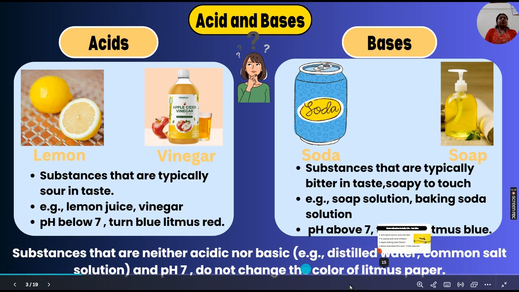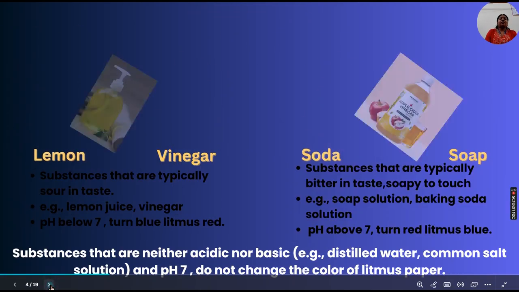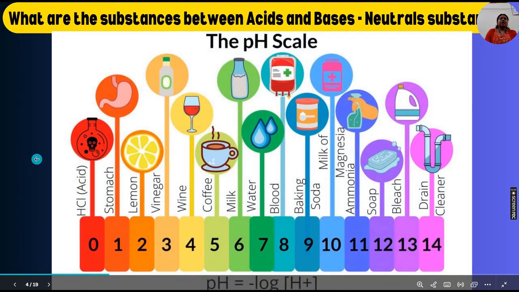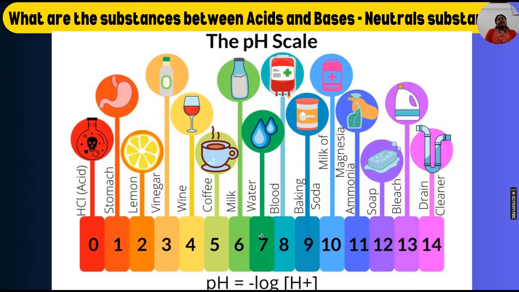We are going to discuss this in the next slide. See, this is a pH scale. This is 7, the water. Water is neutral because it is not basic and not acidic.